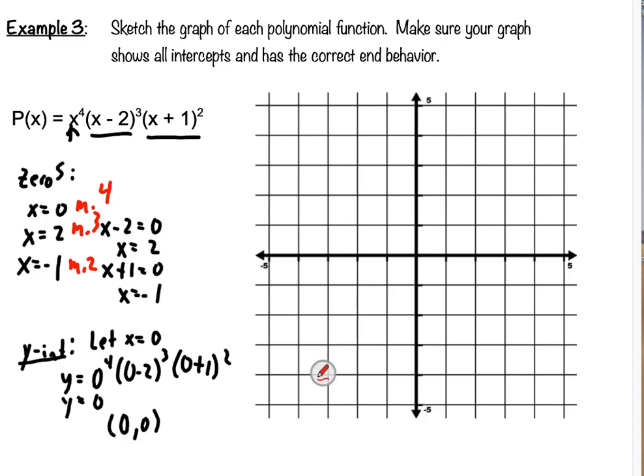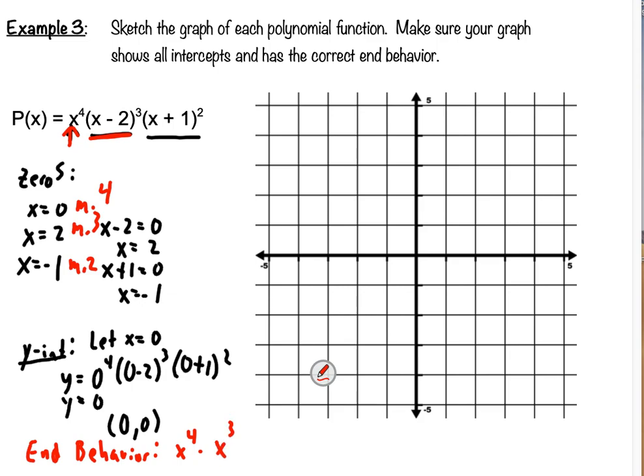Oh, and before we do that, let's also do end behavior, because that will help us too. So our end behavior, if you think through this, on the outside here we have an x to the 4th. And here, if you were to multiply x minus 2 times x minus 2 times x minus 2, you're going to get an x to the 3rd something.